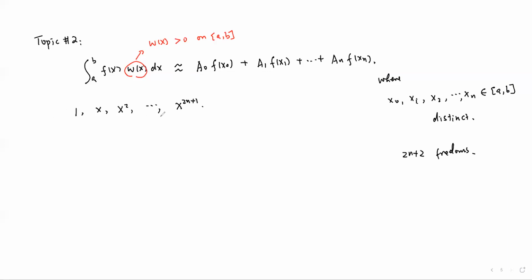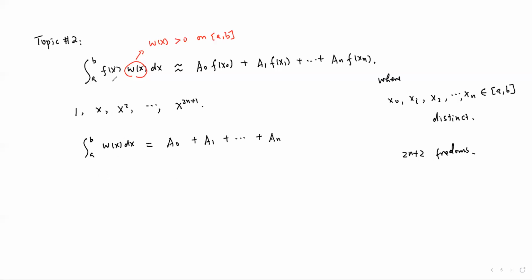Now I plug in these polynomials in the F in this approximation, then I get a system of 2n plus 2 equations. Now this time, the equations are no longer linear. Plug in 1: the integral of W equals A0 plus A1 up to AN.